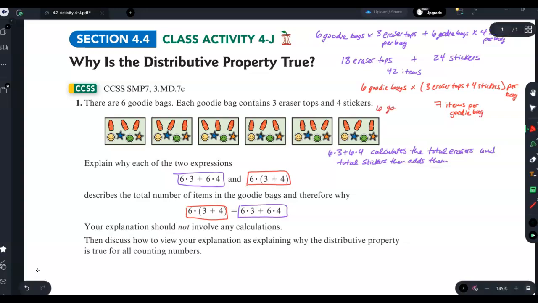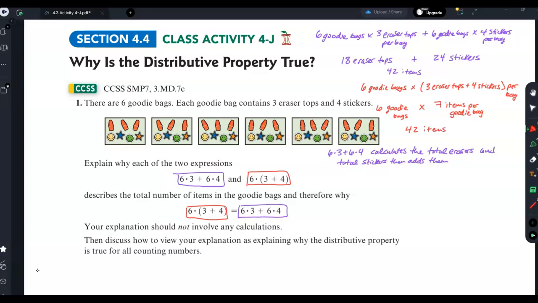So then once I find how many items there are in each bag, I took the 3 and added to the 4, and I get that there are 7 items. Then I would multiply by the fact that there are 6 of these bags. And so 6 times 7 would give me 42 total items.